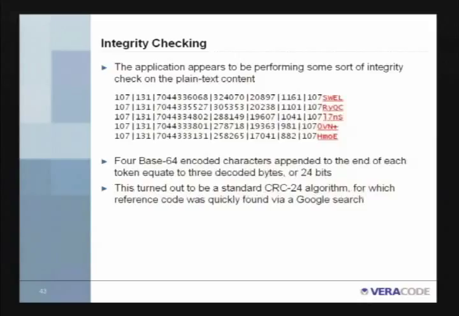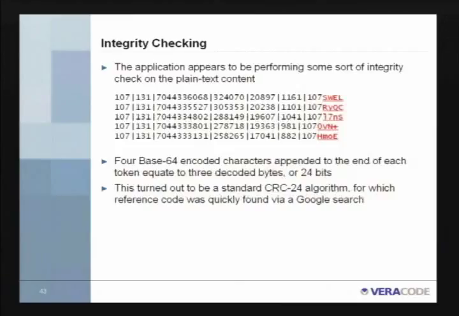So we're forced to go back and try and understand a little bit more about the structure of that token. The first thing people usually do to protect against you messing with the tokens like that, other than the encryption, is an integrity check on the plain text. So we're thinking maybe these letters at the end are some sort of integrity check against all that other data. So that if you change one of the bytes of data in the earlier part, you've also got to maintain that integrity check on the end.